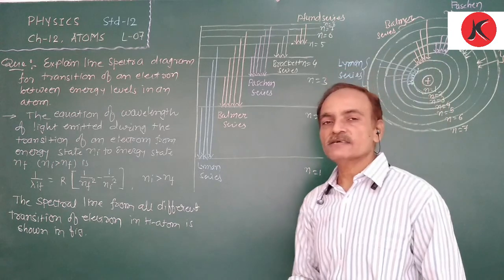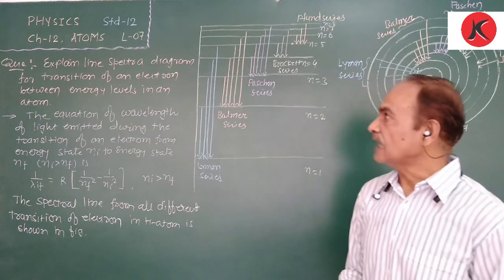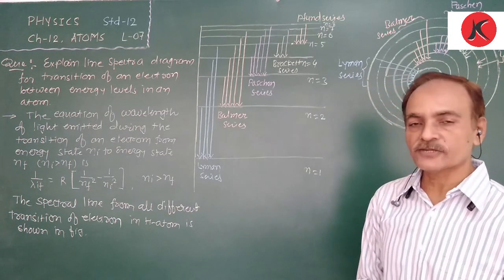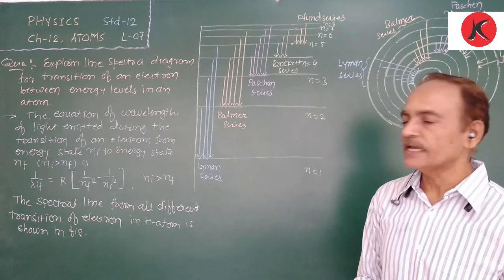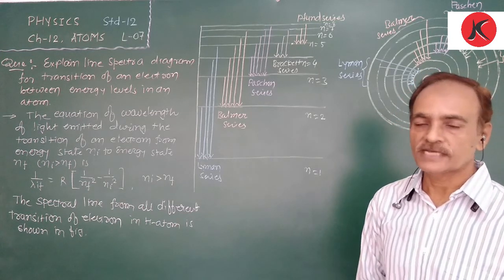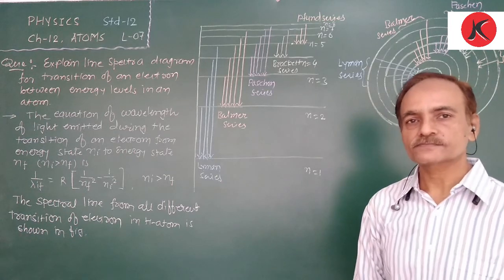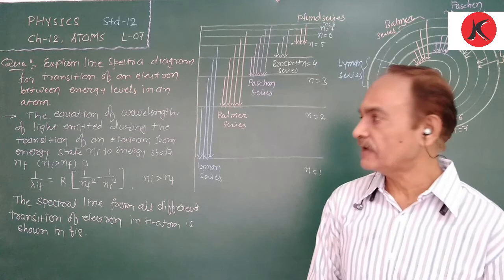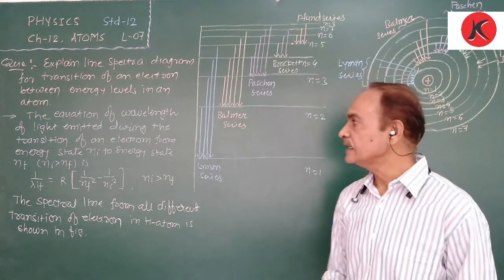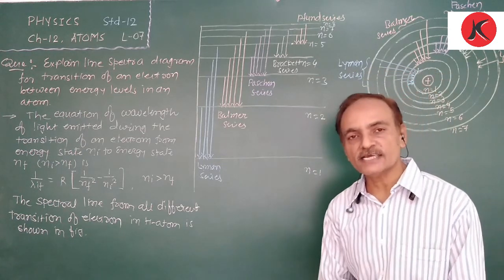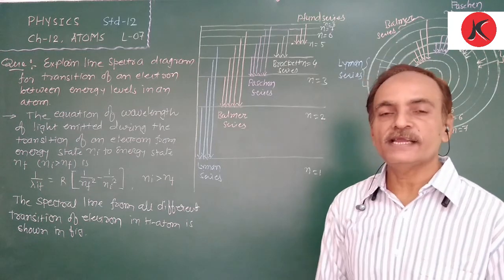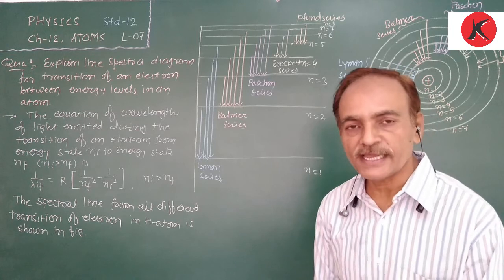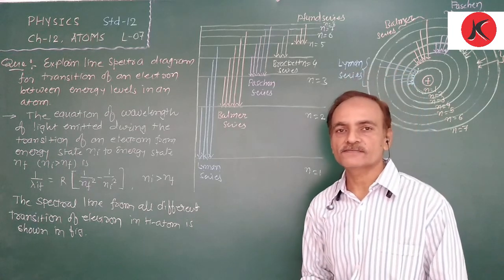Now the question is: explain the line spectral diagram for transition of an electron between energy levels in an atom. Actually, this is for the hydrogen atom. Now we know the equation of wavelength or the wave number of light emitted during the transition of an electron from higher energy state Ni to lower energy state Nf, where Ni is greater than Nf.